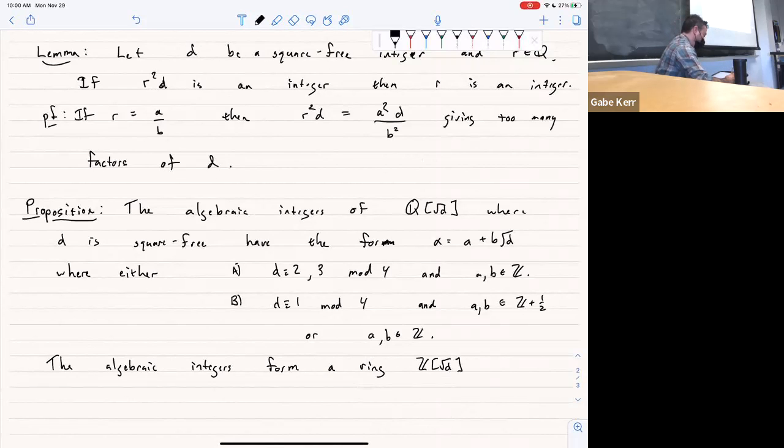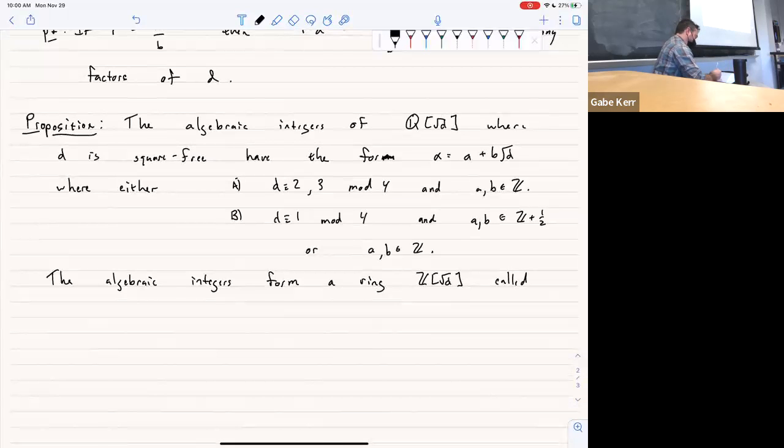Ring of integers, so-called. This is a definition. Ring of integers. Okay. Let's prove this.